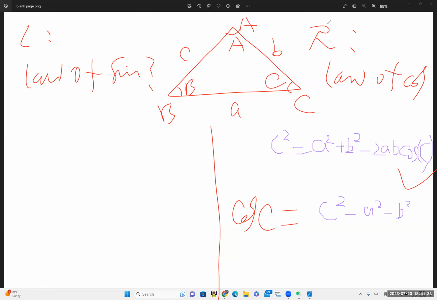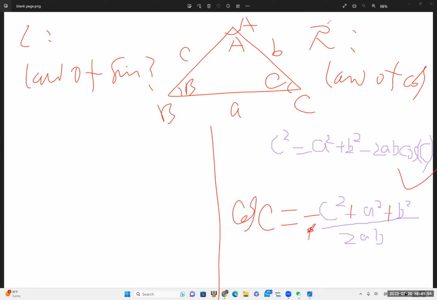I don't remember the law of sine. I only remember cosine. Okay, c square minus. Yeah, then this just means a square plus b square minus c square, right? Okay, law of sine.